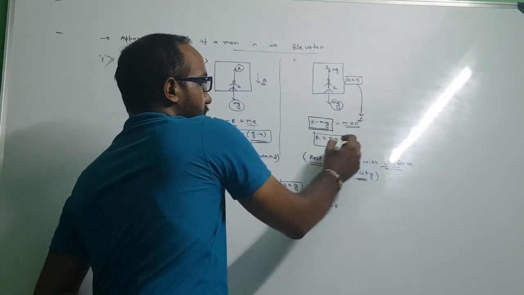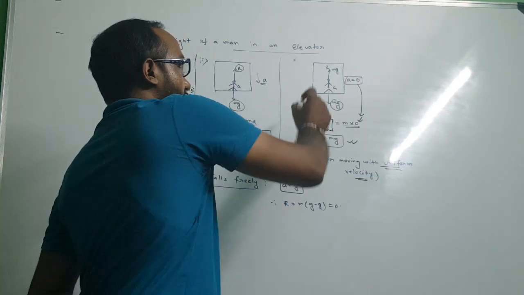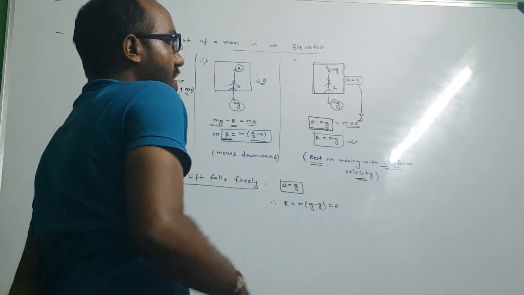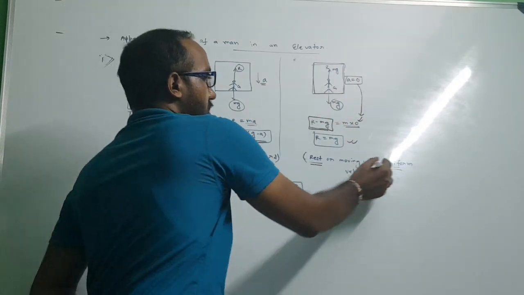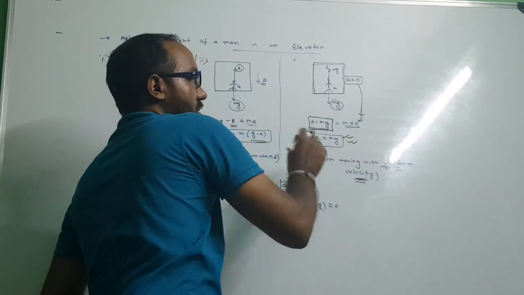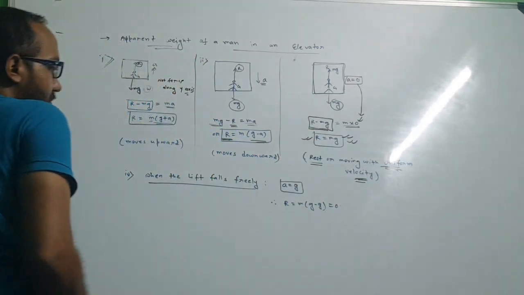So R equals mg. That means when the lift is stationary or moving upward or downward with uniform velocity, the reaction force equals your weight, mg.